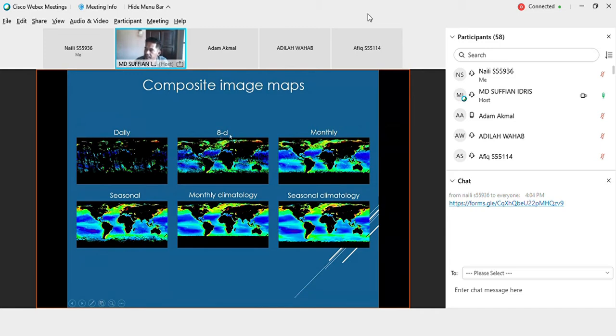So kita ada 8 days, monthly, seasonal, monthly climatology, seasonal climatology. Climatology, katakan untuk bulan Januari, untuk keseluruhan data acquisition Januari daripada tahun 2000 sehingga tahun 2021.